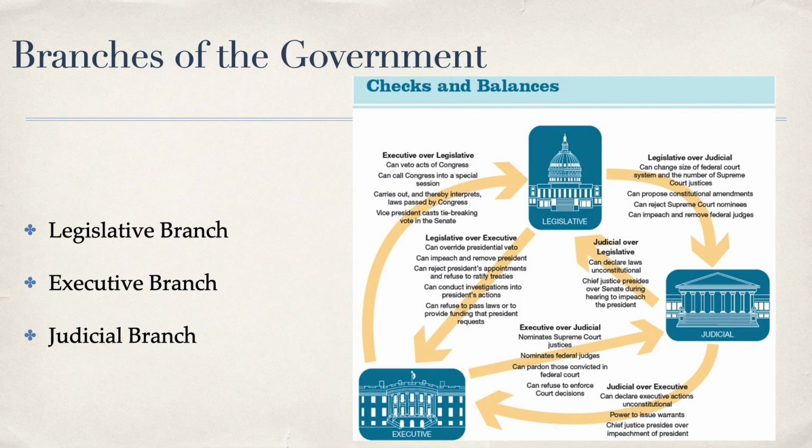So if we have a law that's proposed by the legislature and both houses pass it, both the House and the Senate, and then it's signed into law by the president, if the Supreme Court says it's unconstitutional, meaning if it goes against the Constitution, then it's no longer valid. It is null. So it gives the Supreme Court power over both the legislative and executive branches.